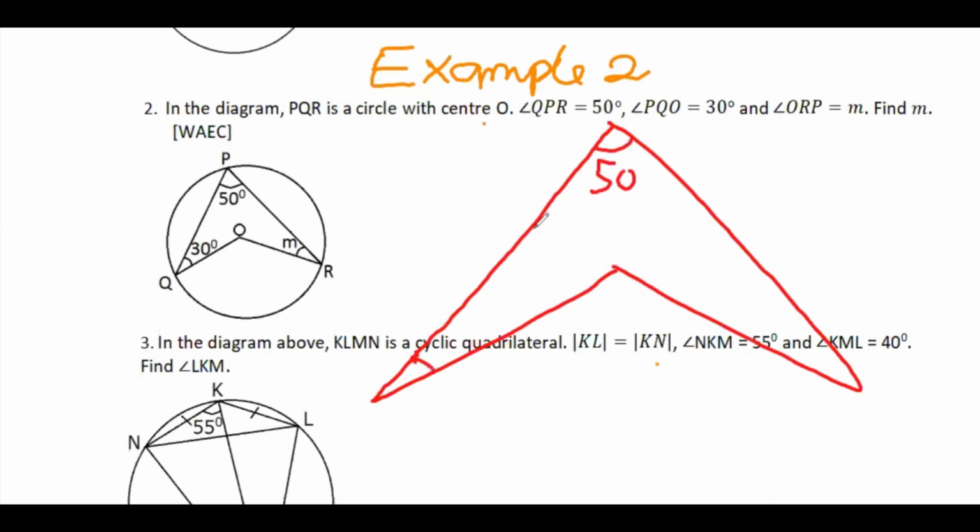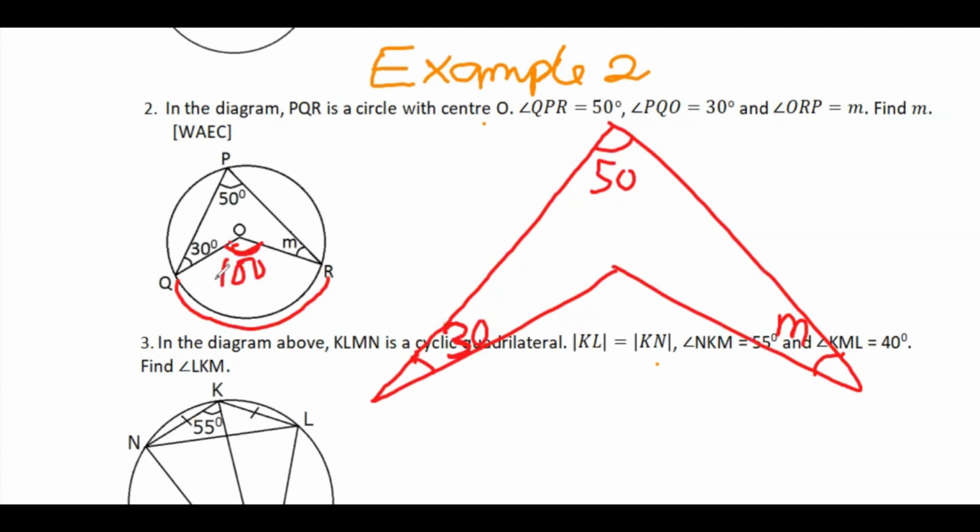This place is given to be 30. And this one is M. We'll now look at the diagram itself. What sustains this 50 is arc PQ. And this arc PQ sustains an angle at the center. The angle at the center will be twice the angle at the circumference, which will be 100.